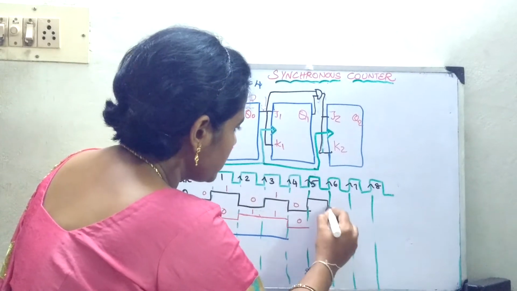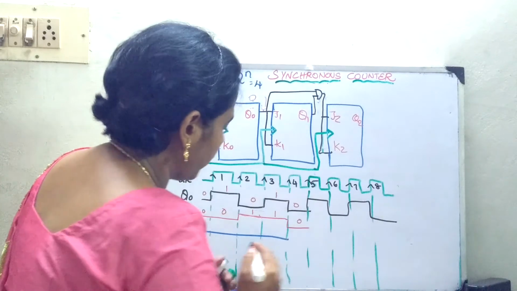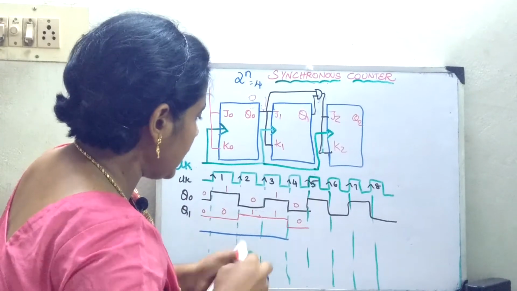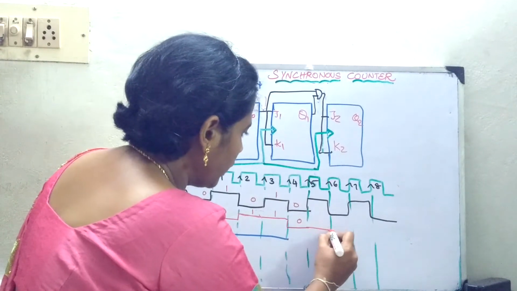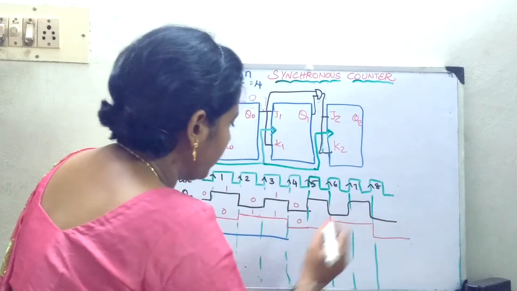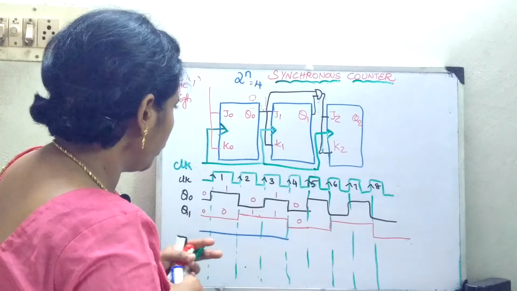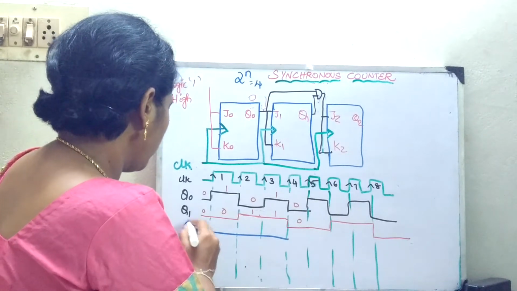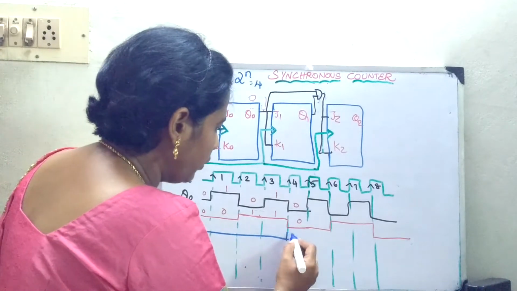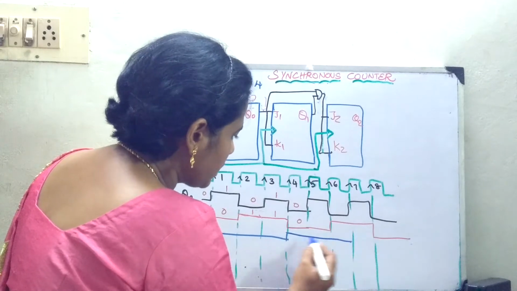So when you consider the first one, it is going to toggle for every 1 clock pulse. The second waveform is going to toggle for 2 clock pulses. Now whenever I take Q2, it is going to toggle for every 4 clock pulses.